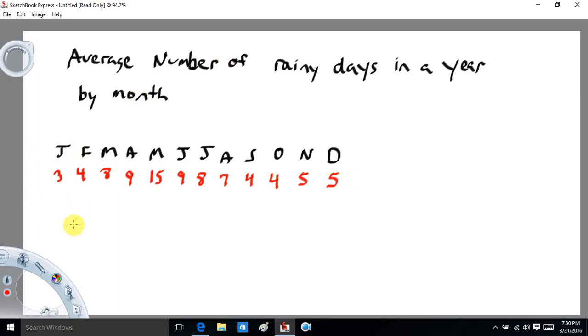So if we want to find the mean, we simply find the sum of the numbers and divide by the total number of numbers. So we can denote the mean by x with a bar over it equals the sum of all the numbers over the total number of numbers. So the sum of all these would be, I have to get my calculator out, and you can work on this while I'm working on it.